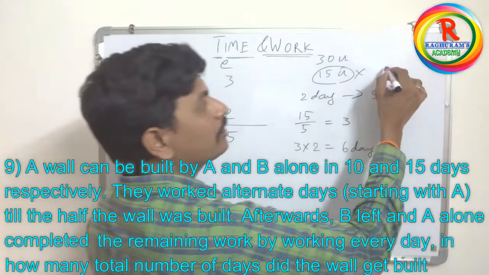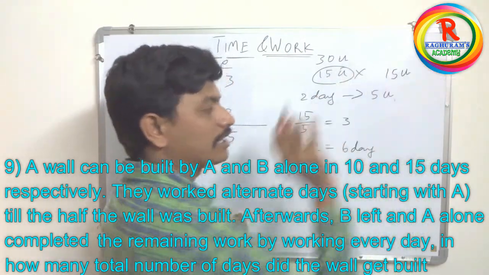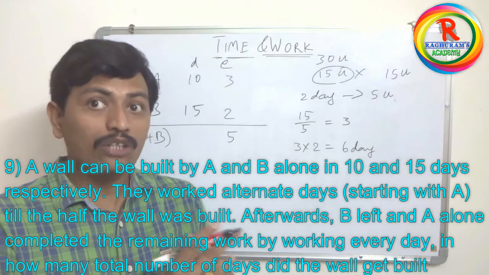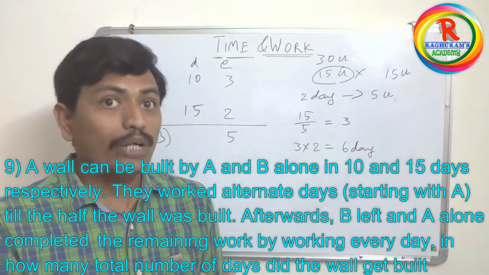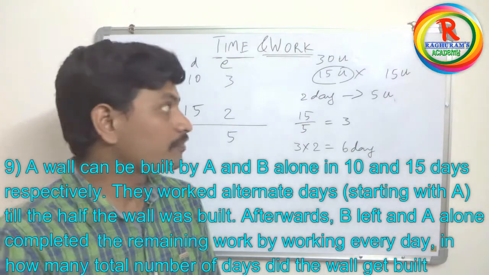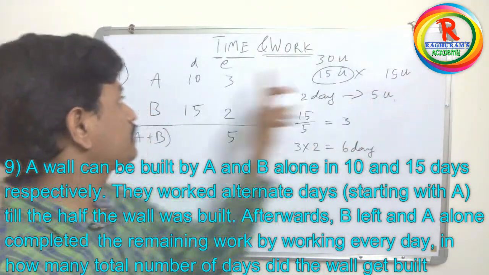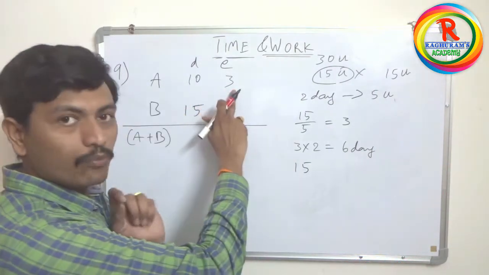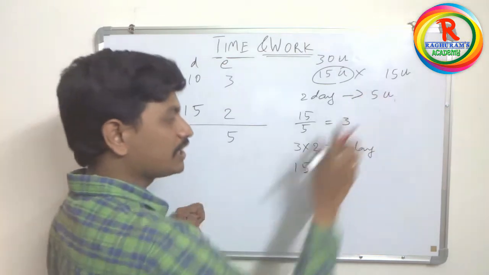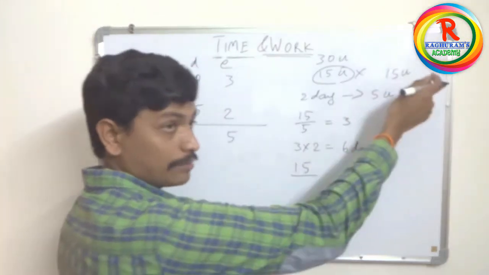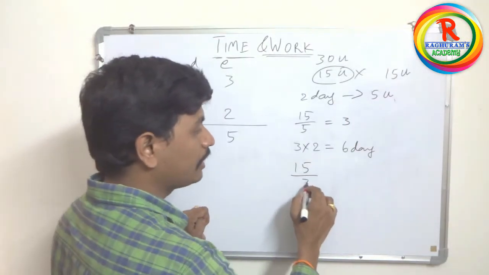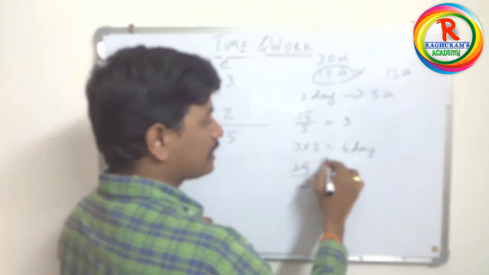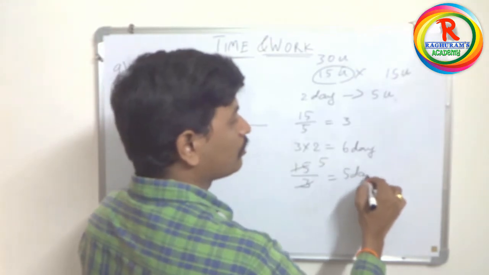And what is left here? 15 units of work is left, and B left and A alone completed the remaining work, working every day thereafter. So the remaining 15 units A alone completed. A can complete 3 units in 1 day. 15 units divided by 3 units each day, 15 by 3, that is 5 days.